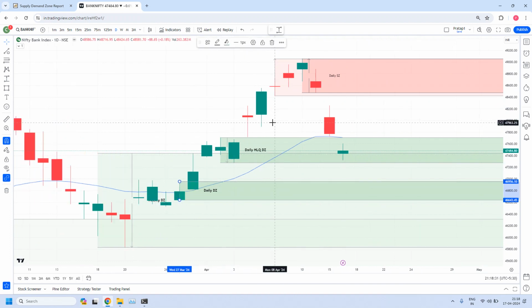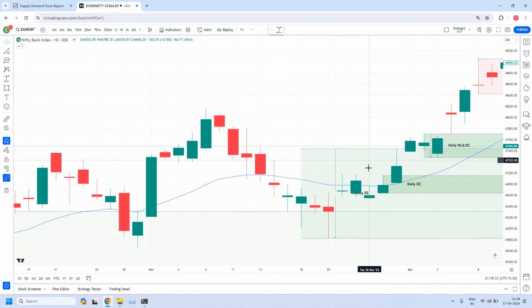Yeah, this is the one. The reason is hidden body. This is a drop. If you add the drop from here, close, drop, base, rally.